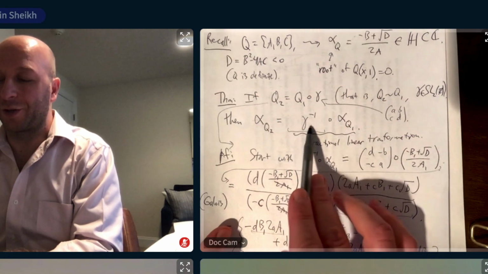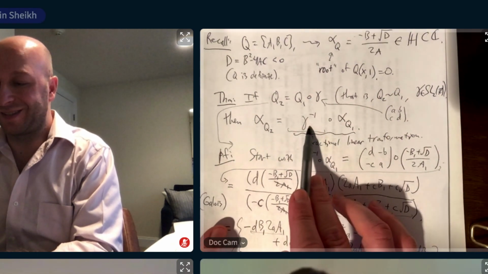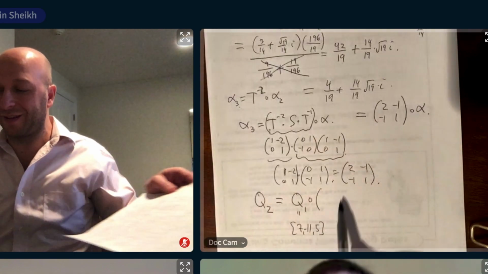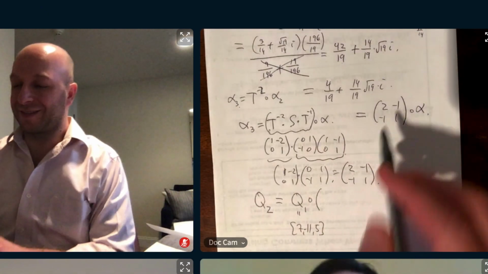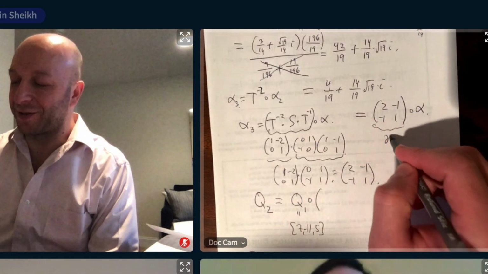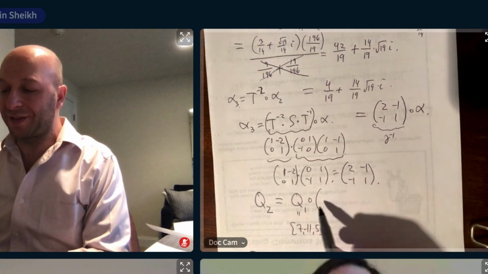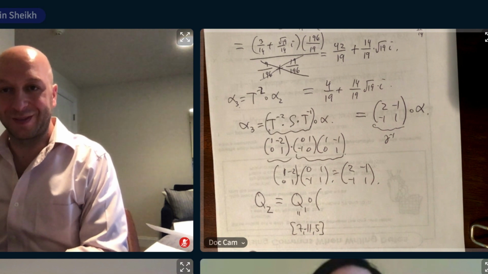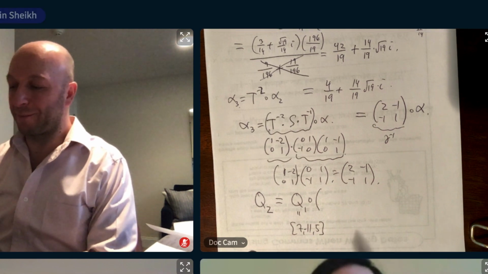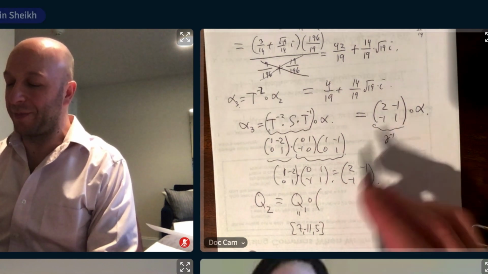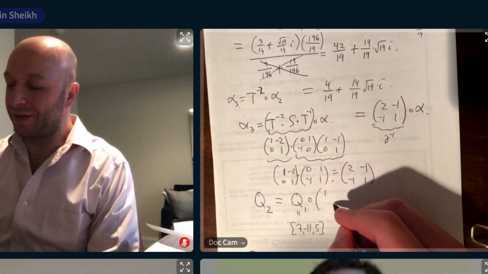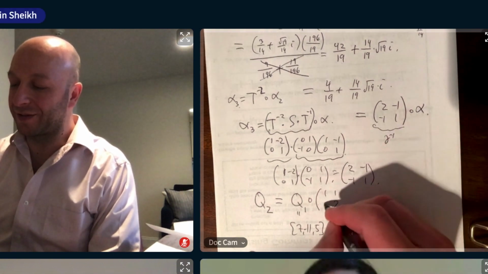So we learned what the right gamma inverse is. That means this thing is gamma inverse, so we want to take the inverse of this to compose with the form. And what is that inverse? Again, we switch the diagonals and we negate the off diagonals.